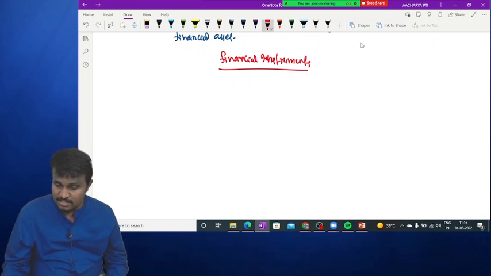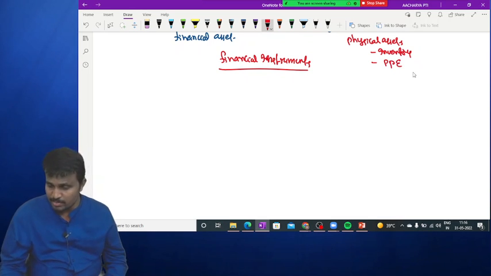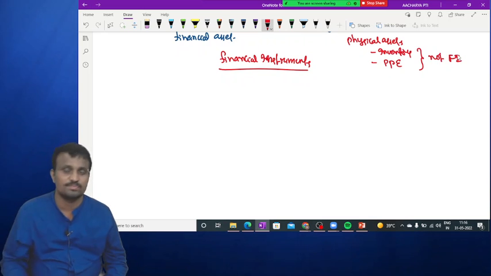But some cases are there, for example, physical assets like inventory and plant and machinery, PPE, property, plant and equipment. These are not covered under financial instruments.